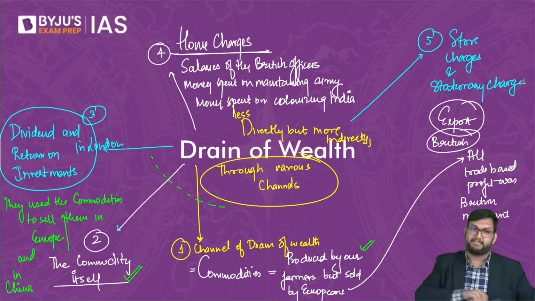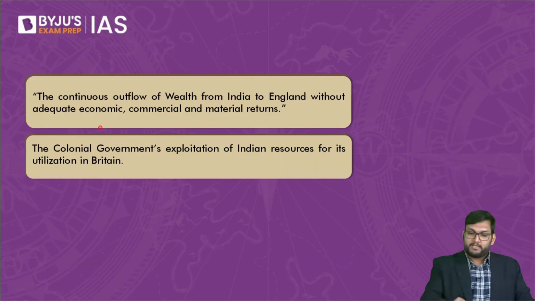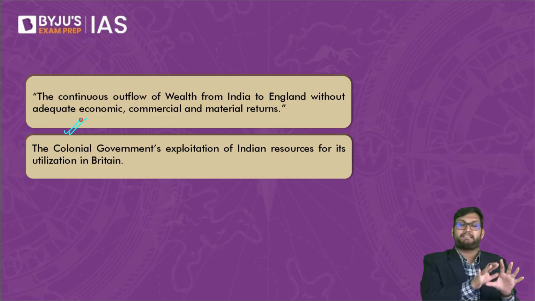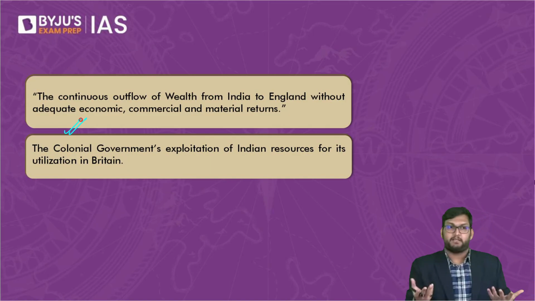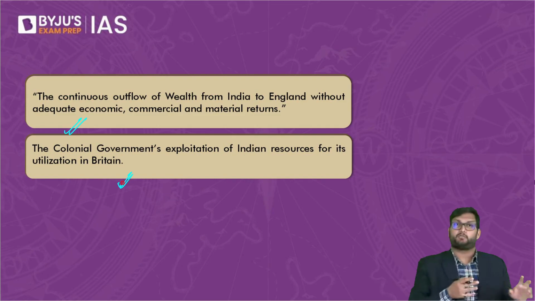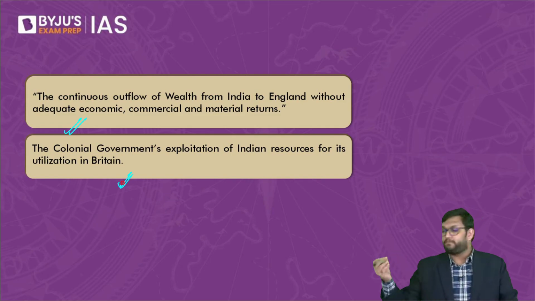Basically, see, the continuous outflow of wealth from India to England without adequate commercial, material and economic compensation is nothing but what we call as drain of wealth. So the colonial government exploited Indian resources and they used it in Britain.